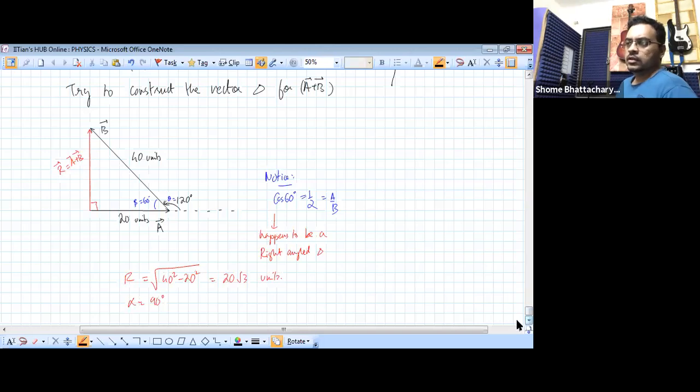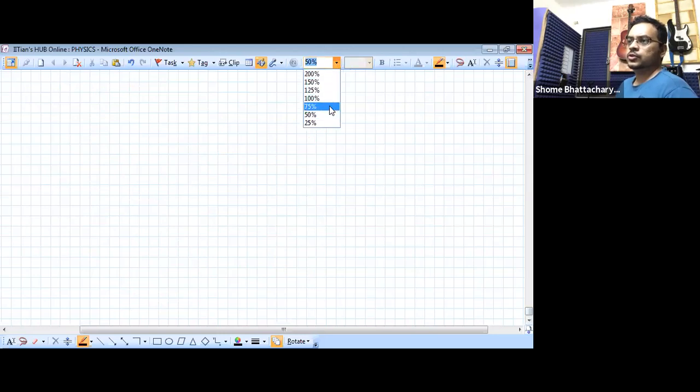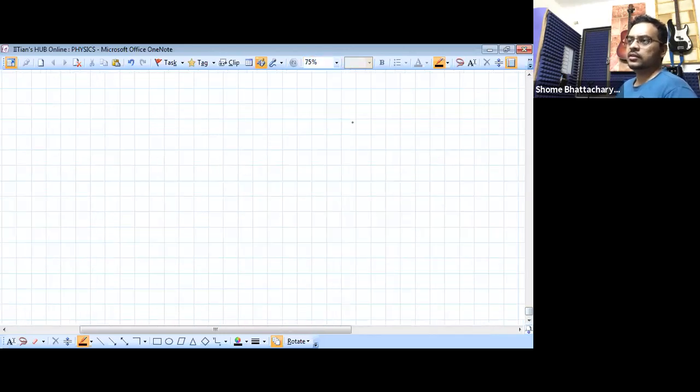Now, if we want to use the formula method, I will get into the details of this formula next time with more examples. But you can just write this for now.